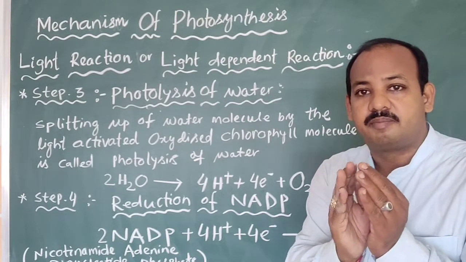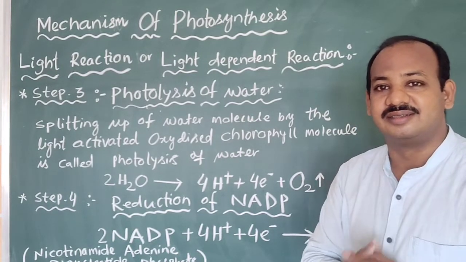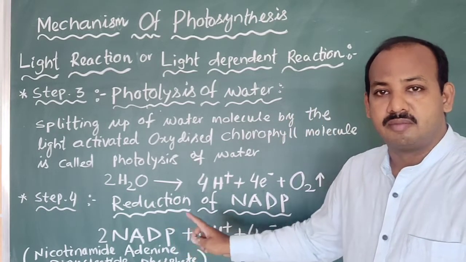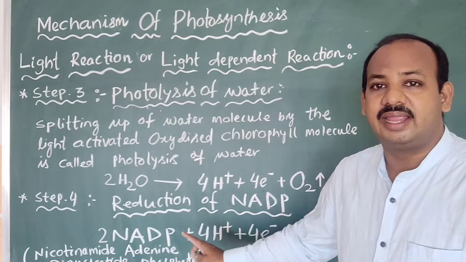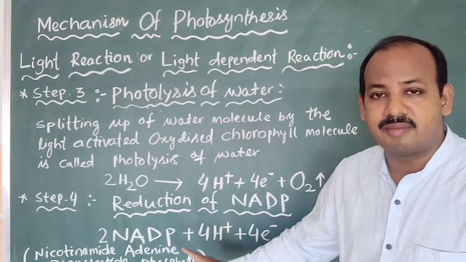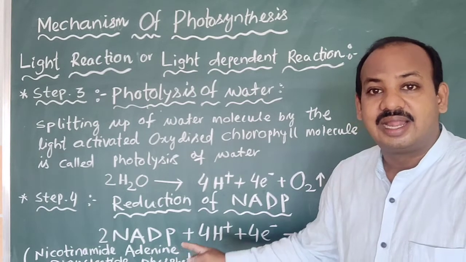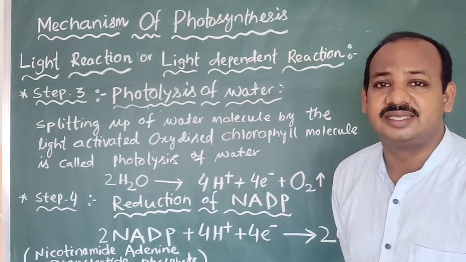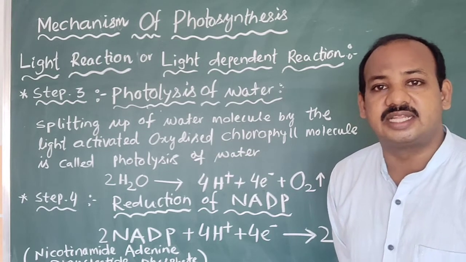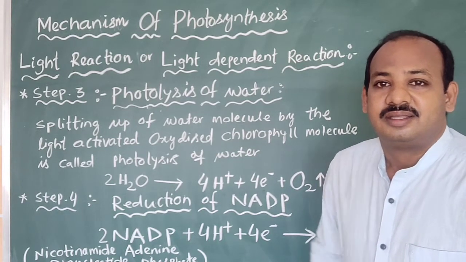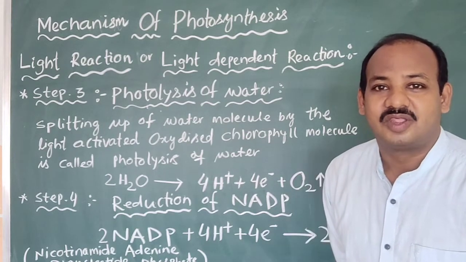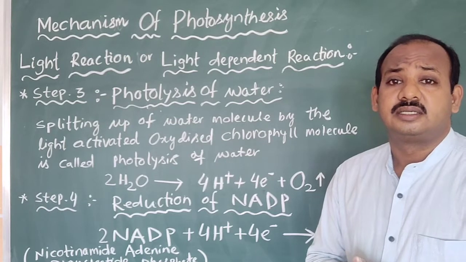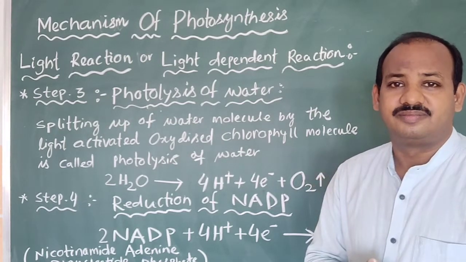The final part of the light reaction, the fourth step, is called reduction of a molecule called NADP, nicotinamide adenine dinucleotide phosphate. That is a molecule present inside the thylakoid membrane. Children, this NADP is an energy rich molecule.